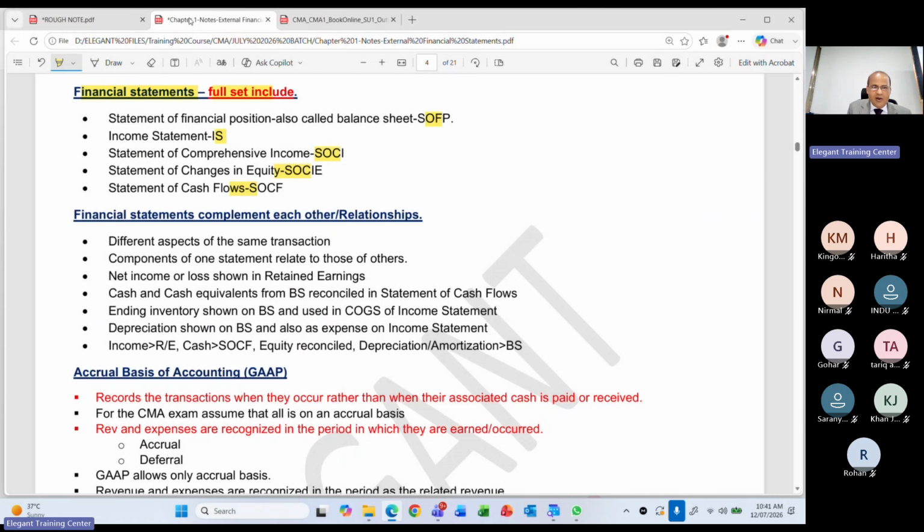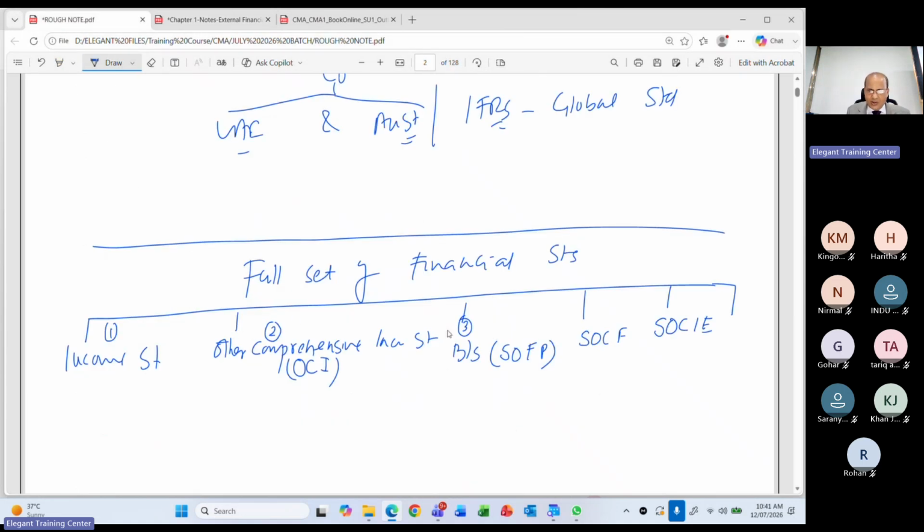These five statements make the full set, right? And again, there will also be notes to accounts. Clear? So these are my financials.